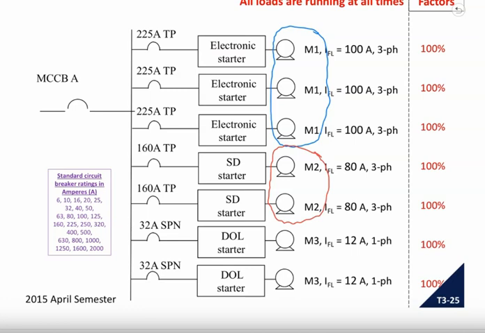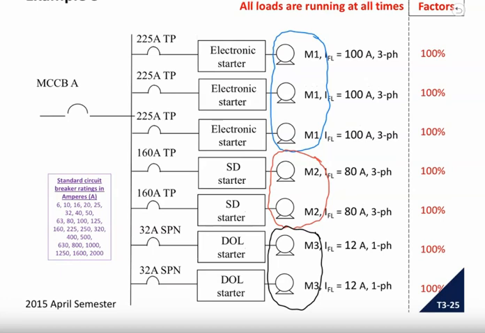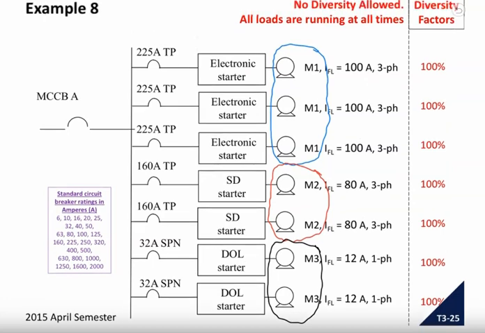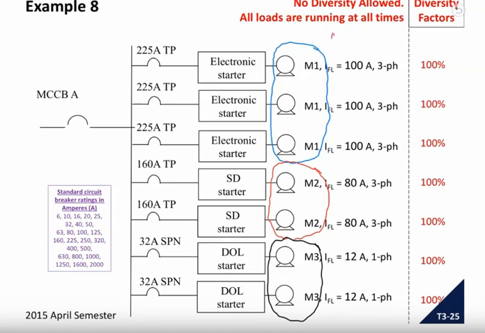And we have the third group, which is M3. Okay. So a key thing to remember is that when we apply diversity factors for motors, we apply it to motors of similar type. Okay. Or in the same group.